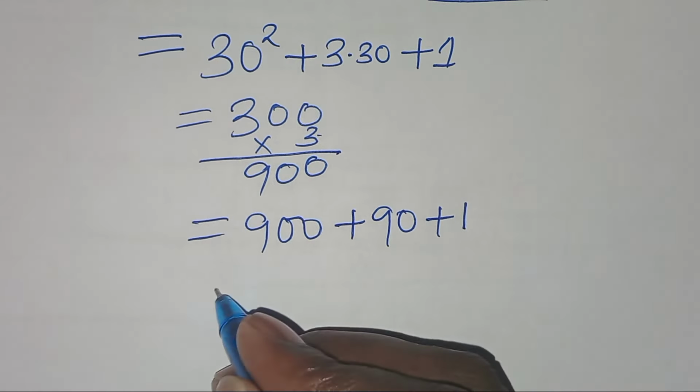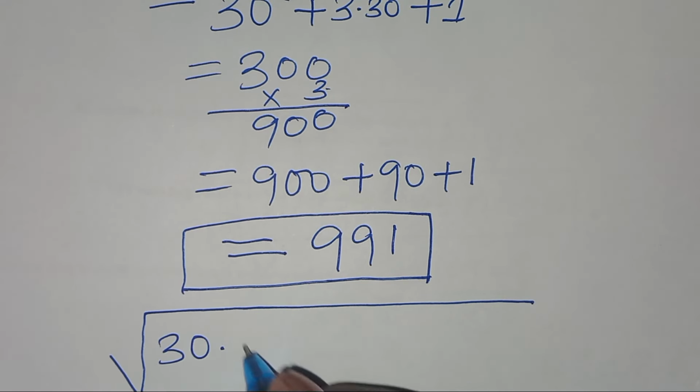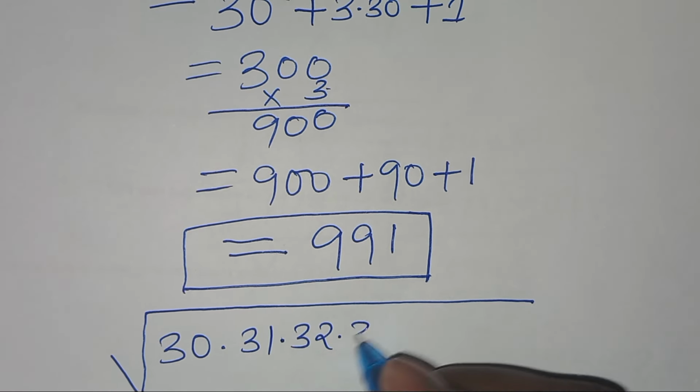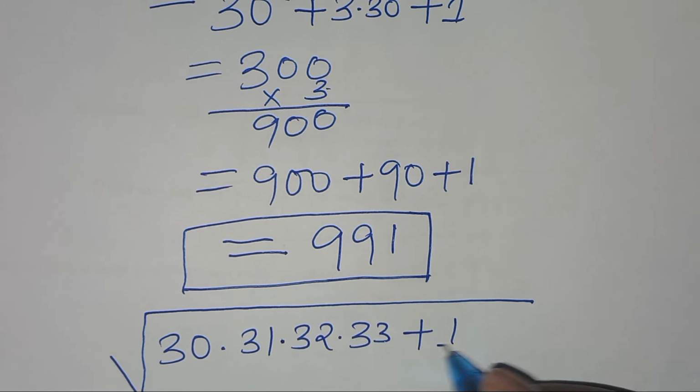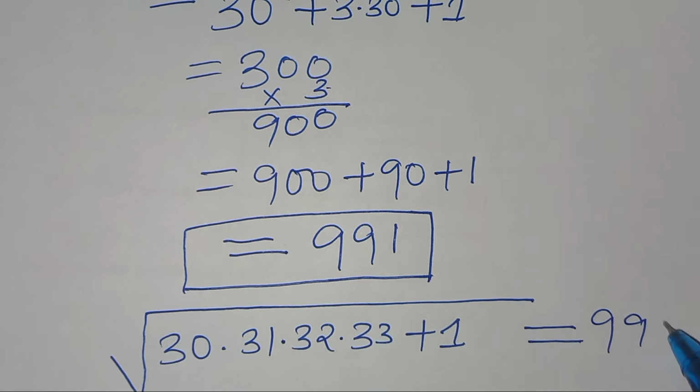So this is the solution to this square root problem. So the square root of 30 multiplied by 31 multiplied by 32 multiplied by 33 plus 1 is equal to 991.